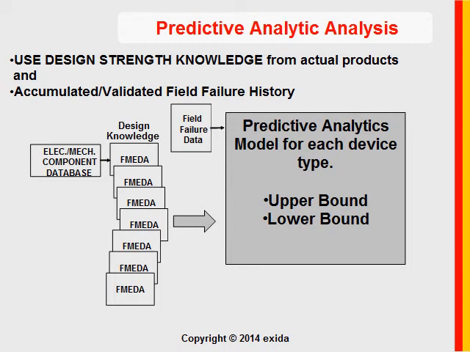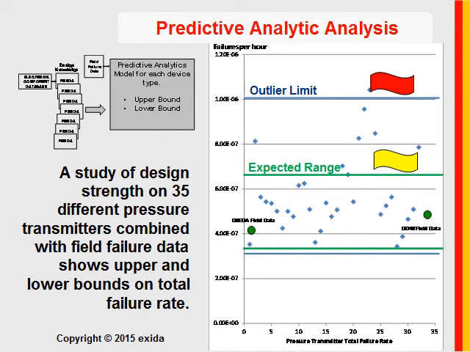We're very lucky to be able to have this extent of data to be able to analyze. And what we do, for example, here's a slide showing a study of the design strength of 35 different pressure transmitter designs, combined with field failure data from ARITA and from Dow, and we show outlier limits and expected range.